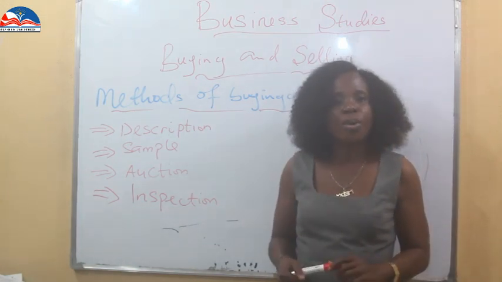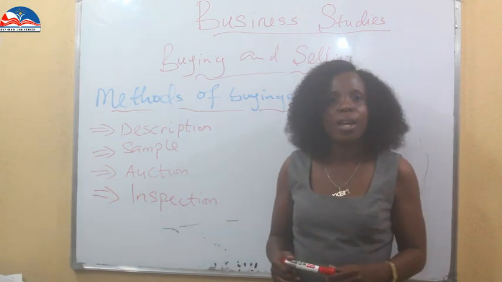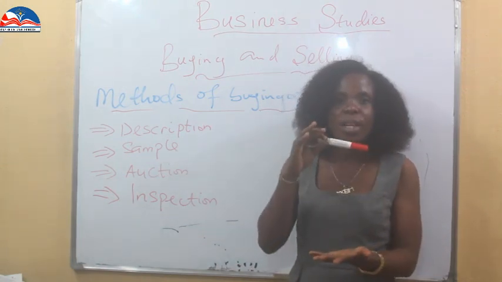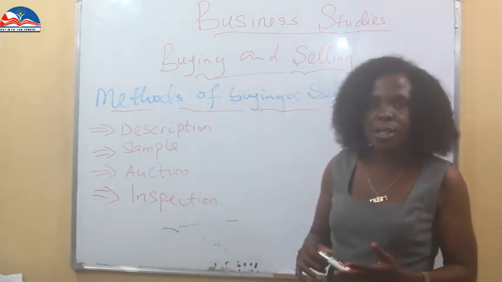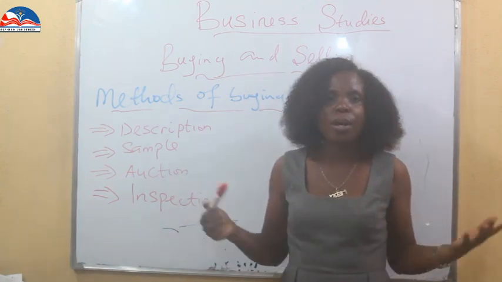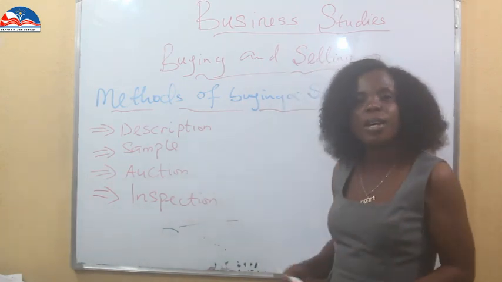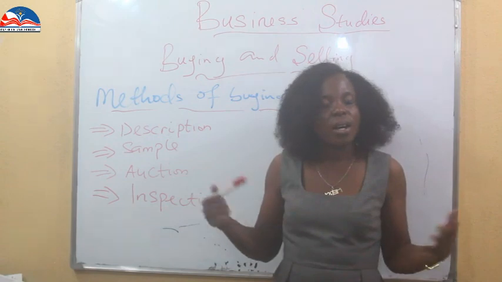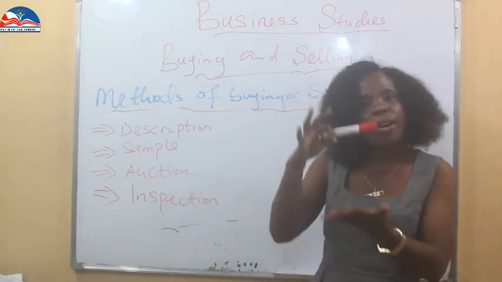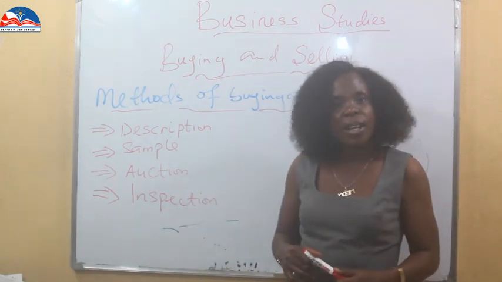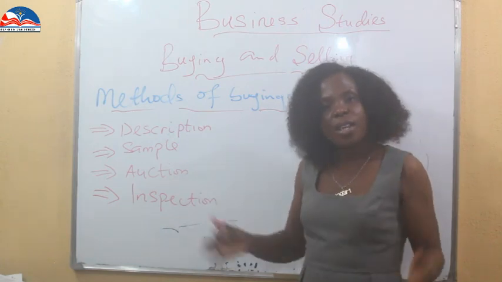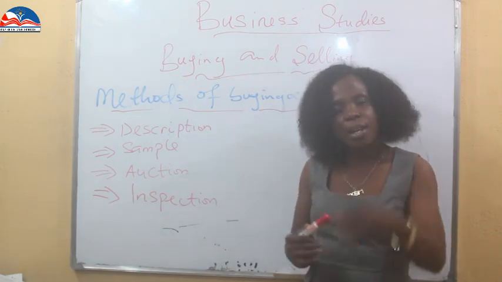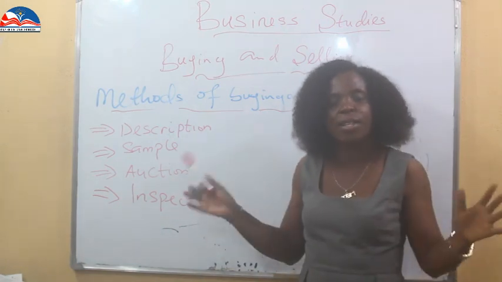And we have products like your canned beverages, your milk, your Milo, your Bournvita, whatever. The description is just up there in the label and the content is already packaged and sealed.